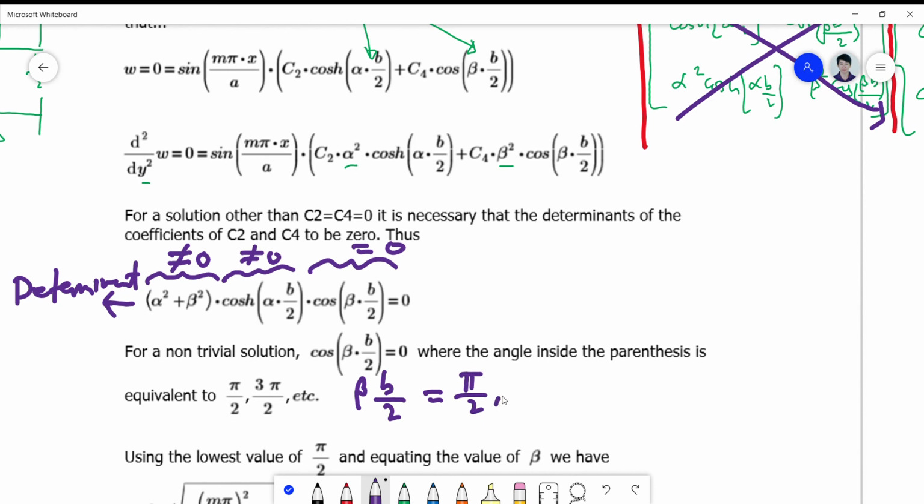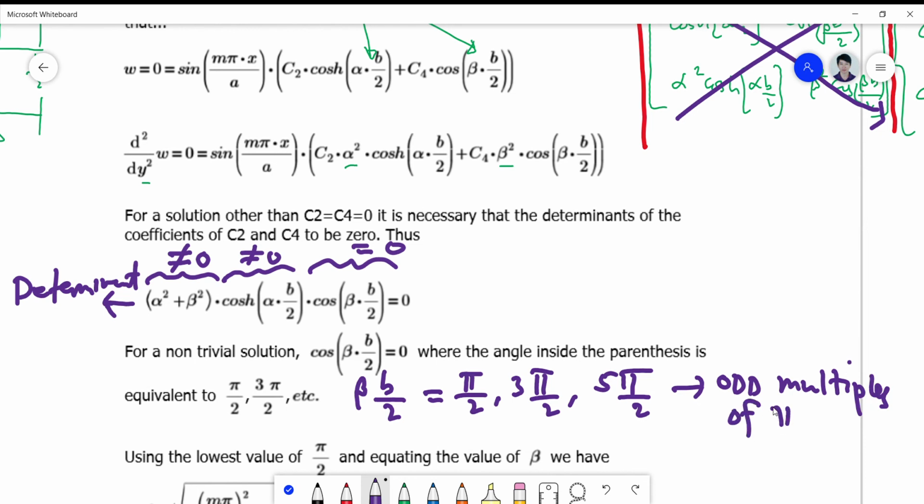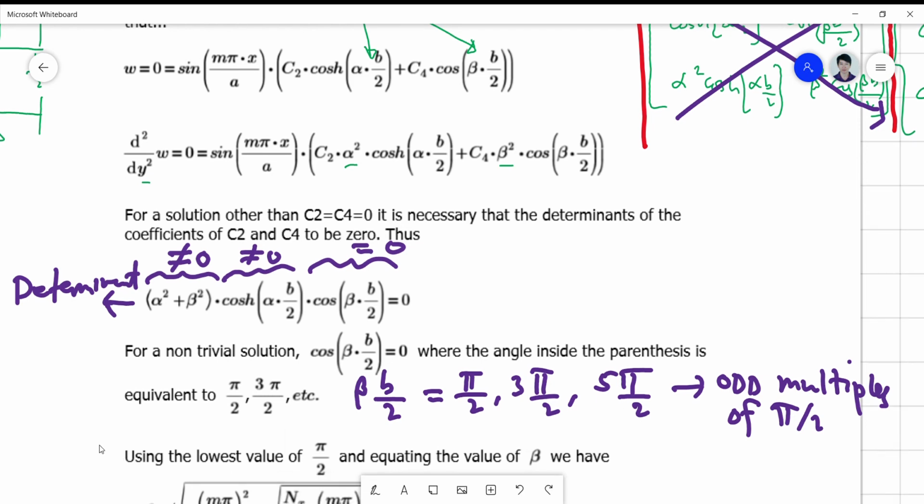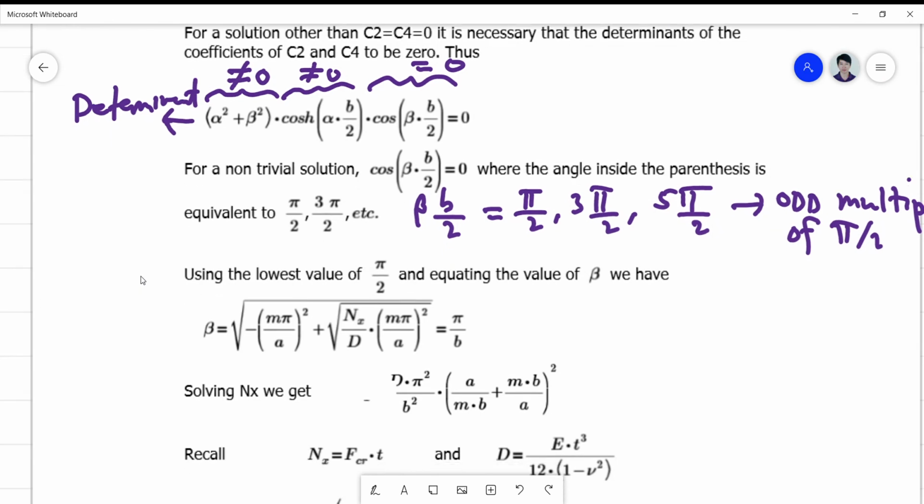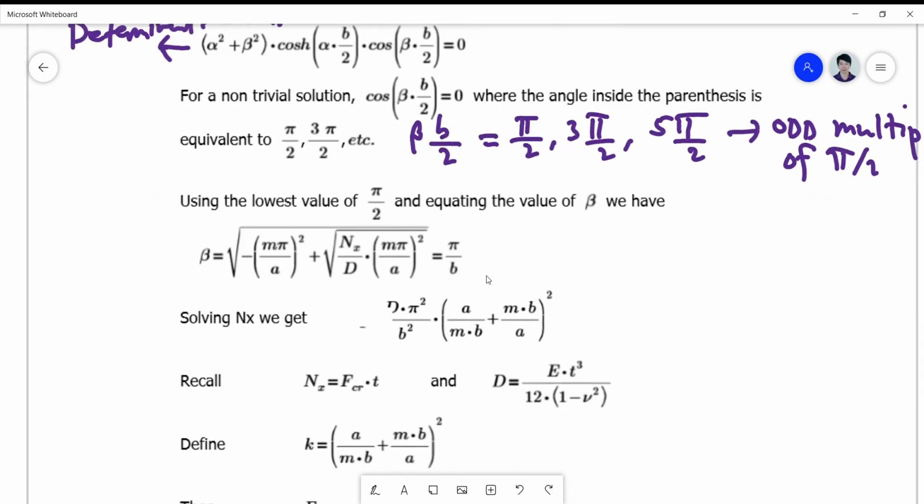So pi over 2, 3 pi over 2, 5 pi over 2, etc. And of course, for a critical value, you always use the lowest value, pi over 2.